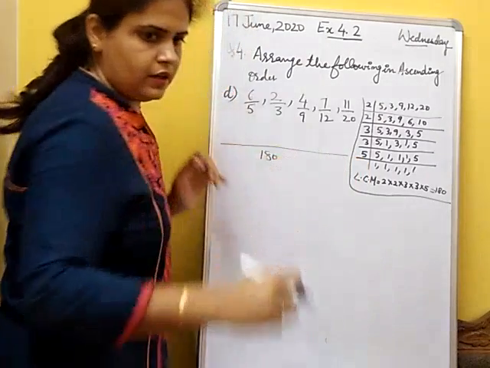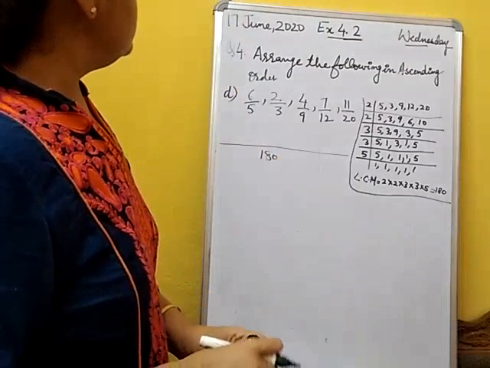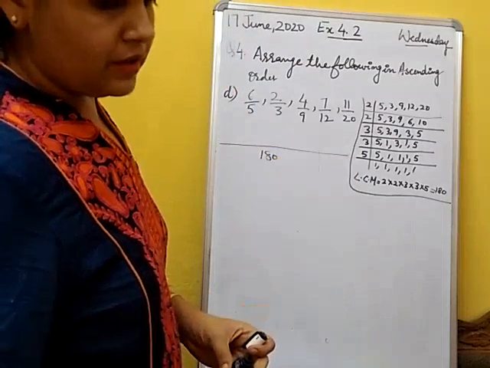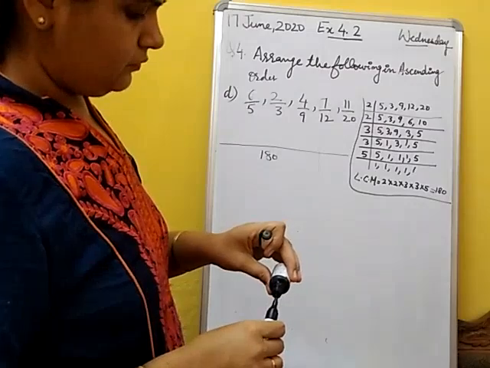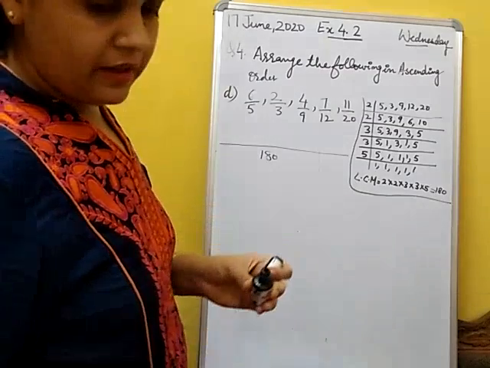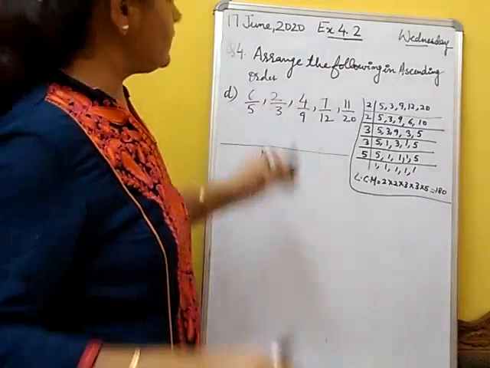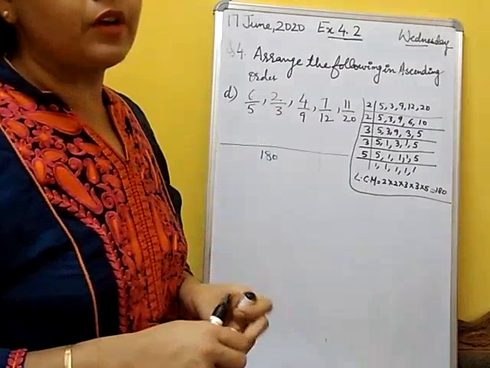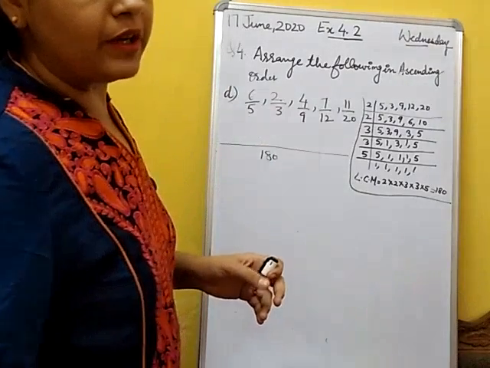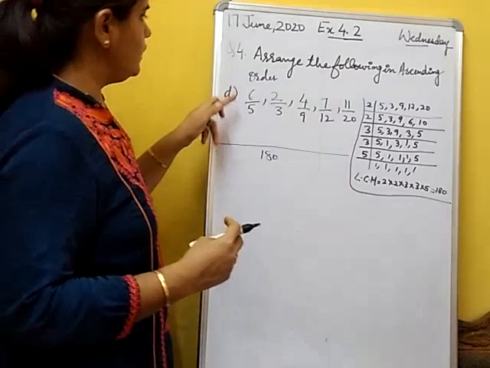The same way you will divide the denominator, this denominator 5, denominator divide, and you will multiply the numerator with the result.